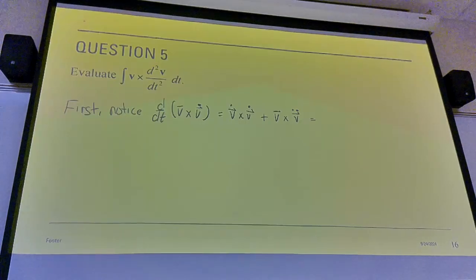Something crossed with itself is zero. So why are you asking me if it's zero? You should be telling me it's zero. That first term is just zero. Well, technically it's the zero vector.